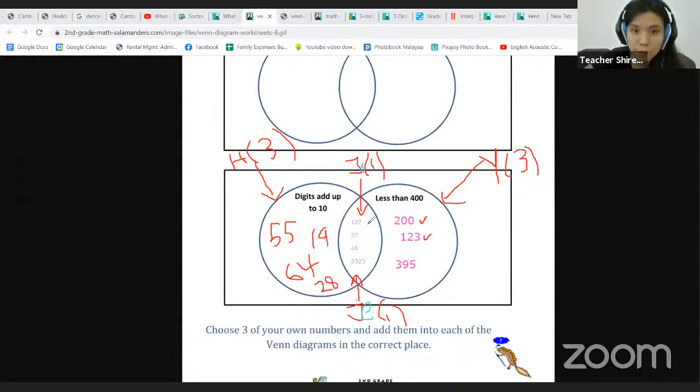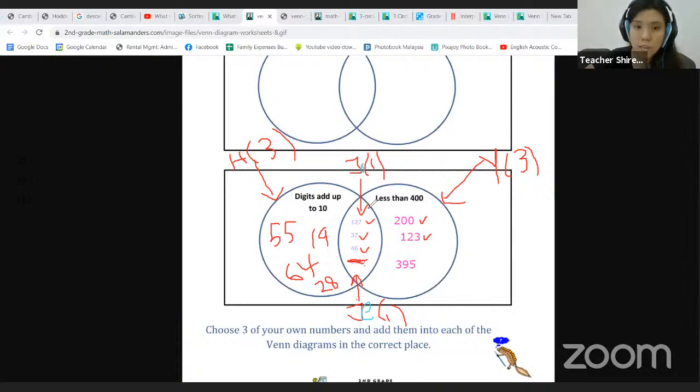So it adds up to 10, yet it's less than. Good, good, good. No, this one is out because it has to be less than 400. So this is more than 400. So this one is out. Understand?